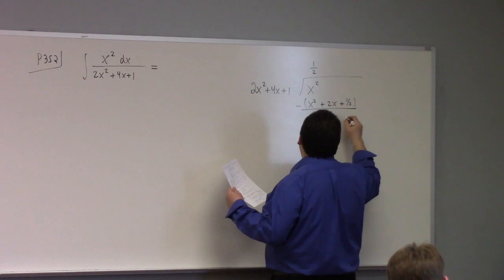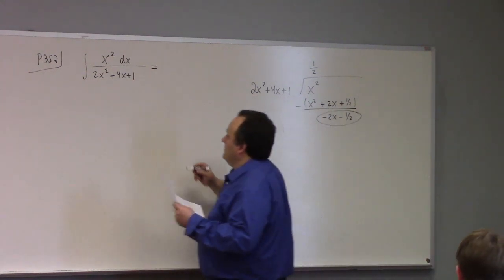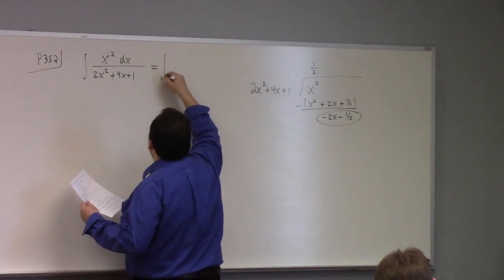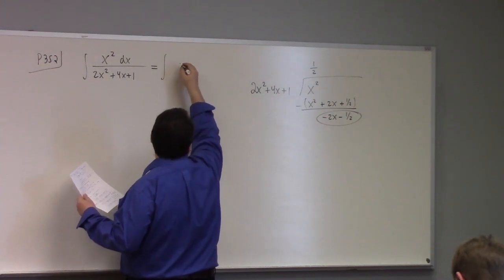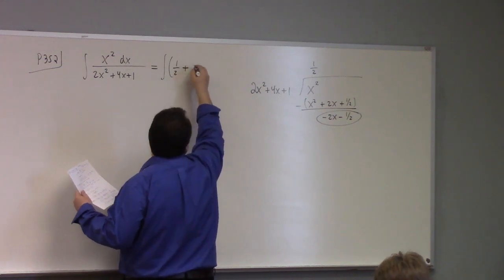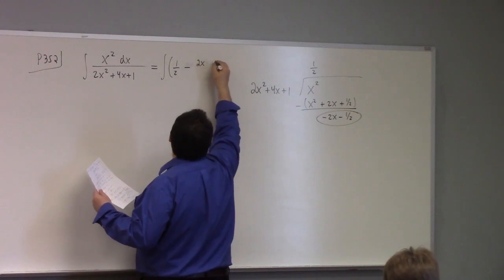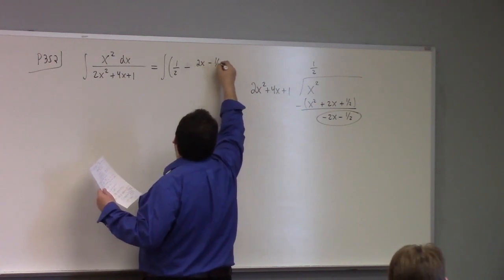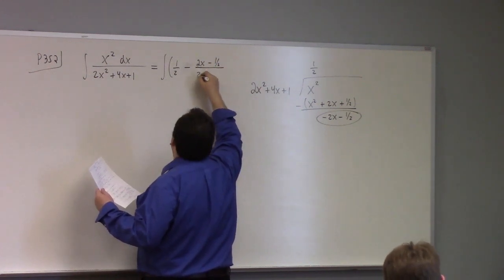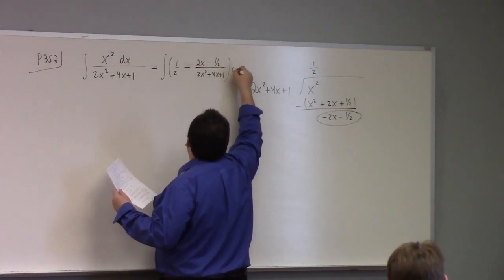I subtract, and I get minus 2x minus 1/2. There you go. That's my remainder. So this here is actually the integral of 1/2 minus 2x plus 1/2 divided by 2x squared plus 4x plus 1 dx.